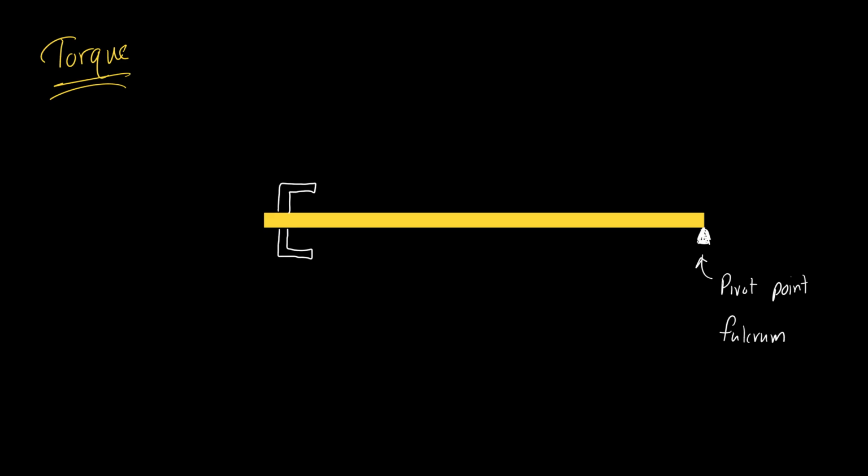There's a variety of other names that can be used to describe this point, but in general, I will use pivot point, or fulcrum to describe the point about which it rotates. That would suggest that through that point lives the axis of rotation.